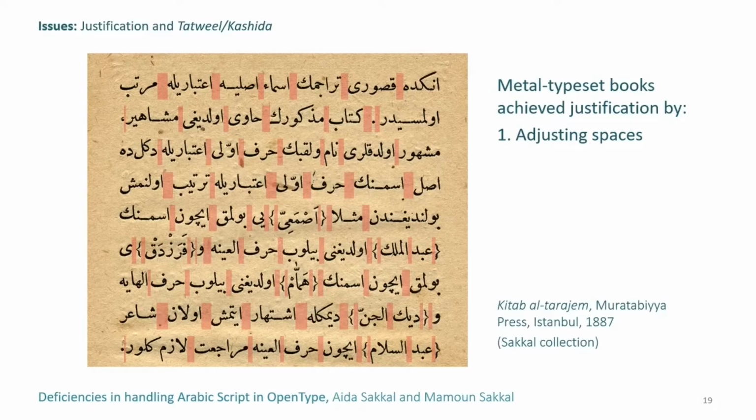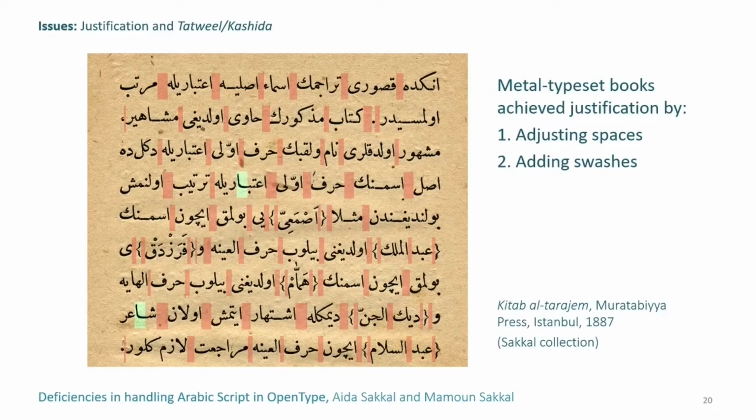Some lines, like line 4, 1, 4, and the last from the bottom, include wider spaces, while the others include narrower spaces.